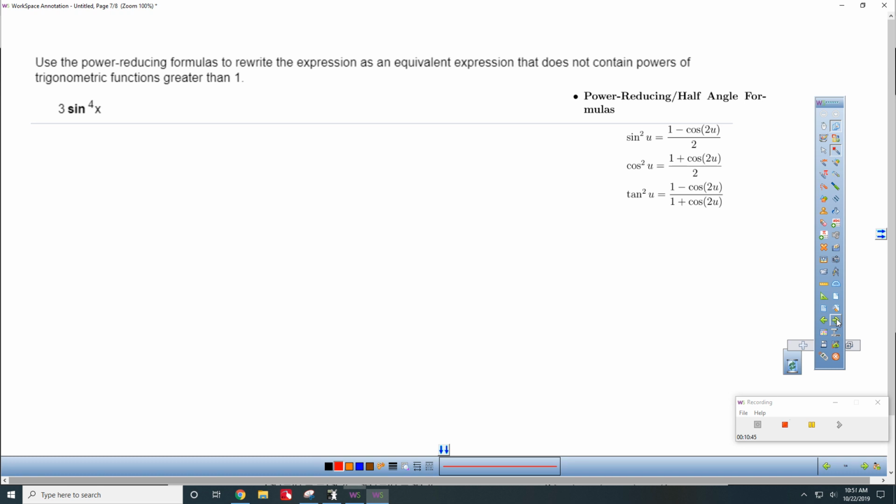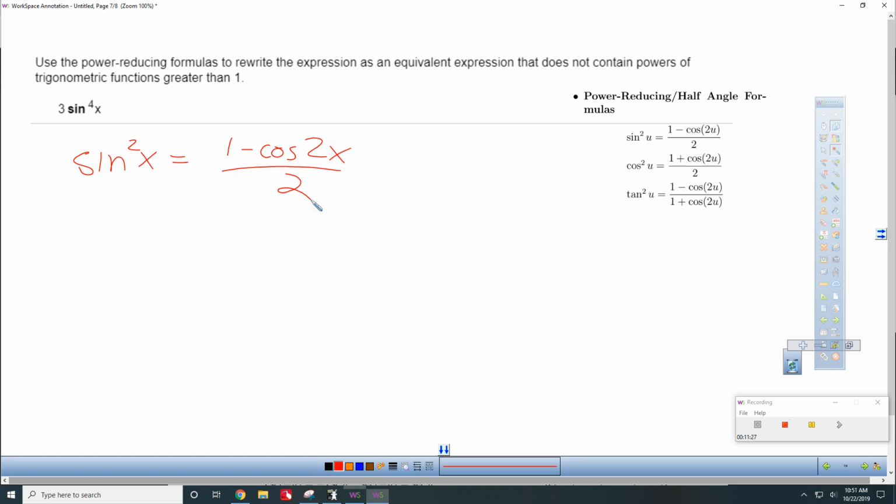powers of trig functions greater than 1. So 3 times the sine of x to the 4th power. All right, so sine squared x is (1 minus the cosine of 2x) over 2.